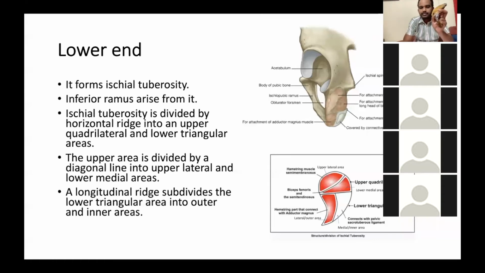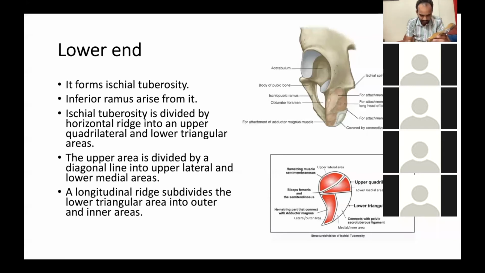Here you can see, this is the triangular area. This longitudinal ridge is dividing it into this outer area and this inner area. This is lateral, this is medial.